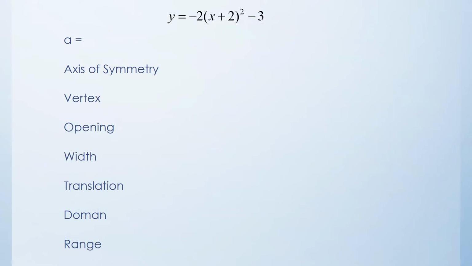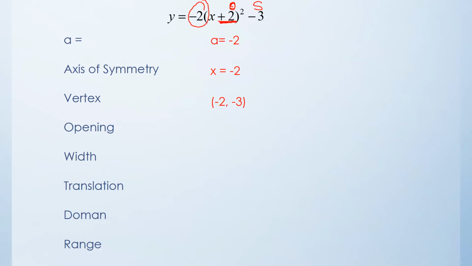Let's try this. This time I did list a. a is negative 2. So remember, a is this coefficient. Our axis of symmetry, we do the opposite here. So our axis of symmetry is x equals negative 2. Our vertex is the opposite, same. So our vertex is going to be (-2, -3).